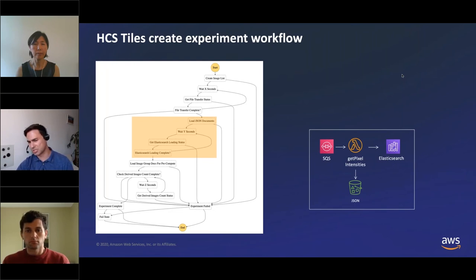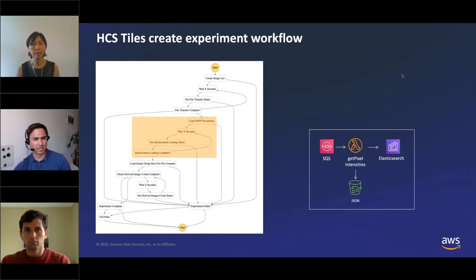So we have a Lambda function running ImageMagick, actually, to retrieve the pixel intensities for every image in the experiment, and then it persists them both in Elasticsearch as well as in individual JSON files in S3 for the next step.